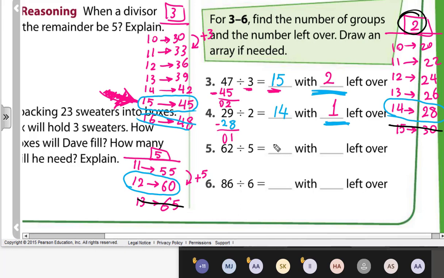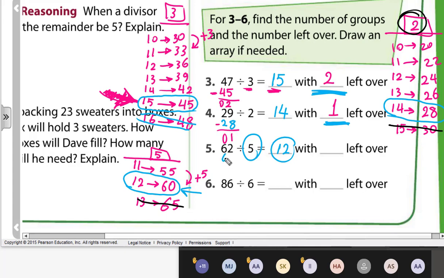What's the quotient? 12. So 12 times 5 equals 60.